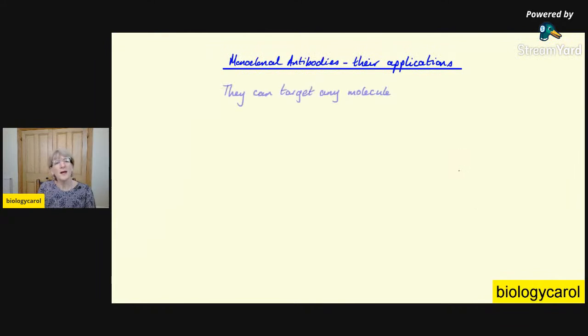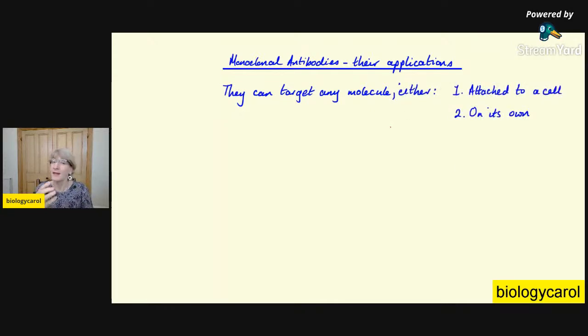So what about their applications? Well, here's the absolutely crucial principle: monoclonal antibodies can target any molecule as long as it has been able to produce an antibody. So these monoclonal antibodies can target any molecule.